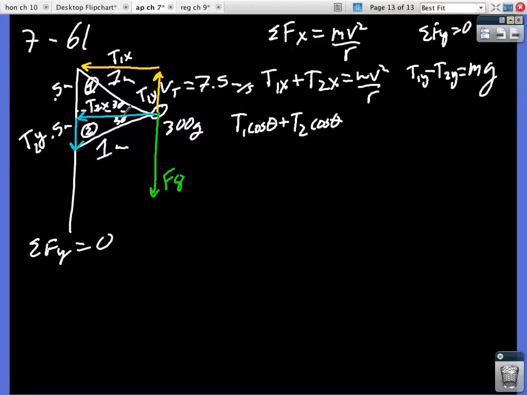That means this is theta right there, just to be clear. And that equals mv squared over r. And this is T1 sine theta minus T2 sine theta equals mg.